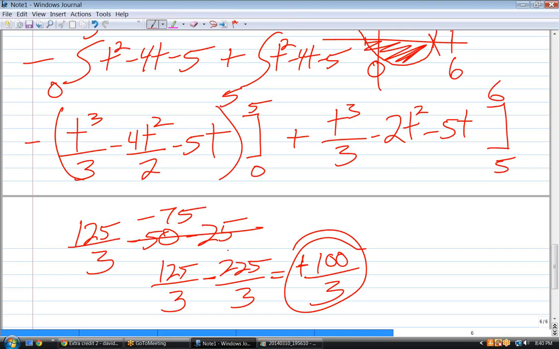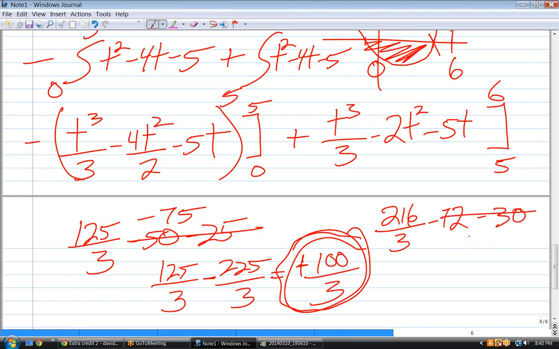So that is my evaluation at 5. So all I have to do is evaluate it at 6, subtract this, and I'll have the distance it travels from 5 to 6 seconds. So this is 216 thirds minus 72 minus 30.